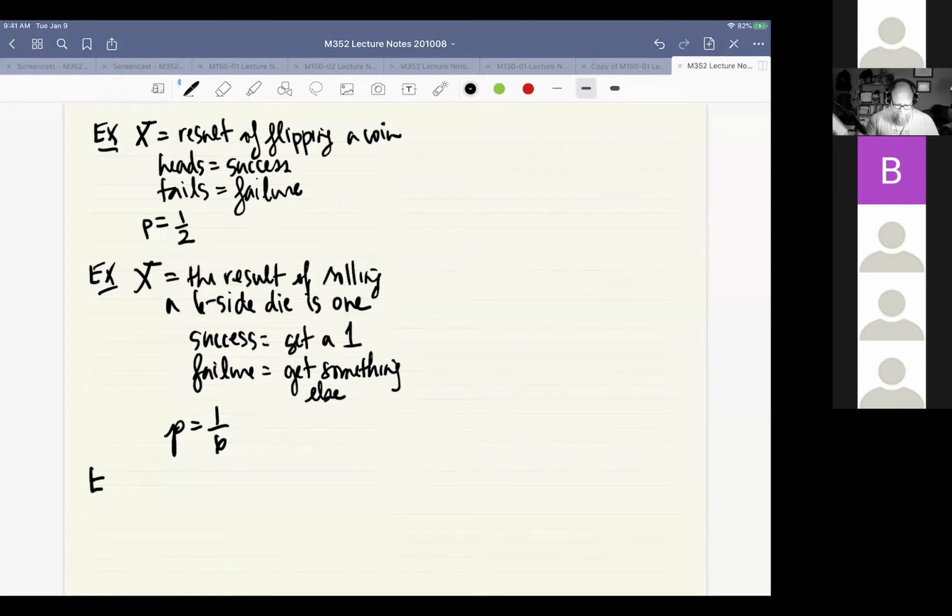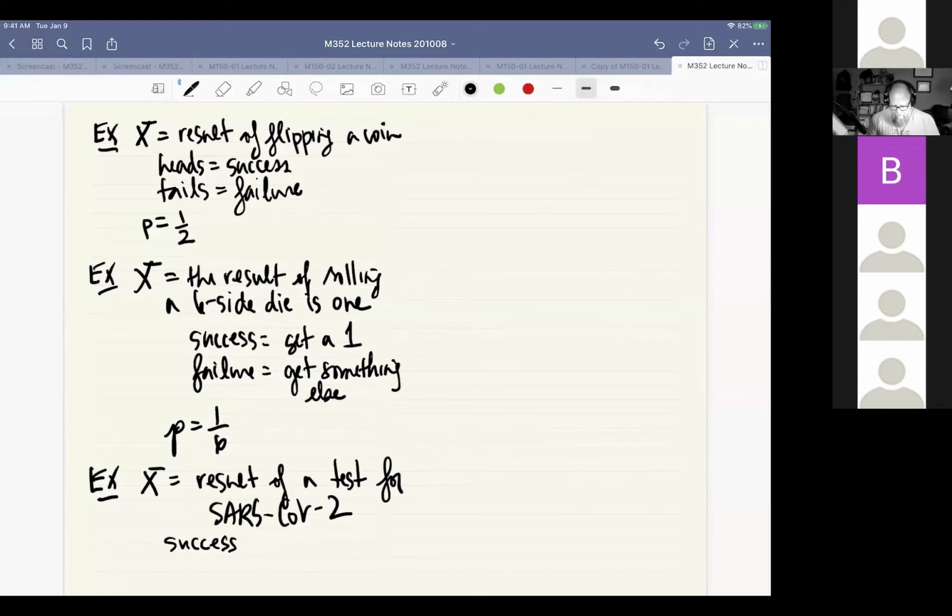You know, my favorite Bernoulli trial right now is the result of a test for the virus that causes COVID. Okay. And so a success of that test, of that Bernoulli trial, I think we all can agree would be a negative result. And then, I'm sorry, I'm writing so low on the page. A failure would be a positive result.